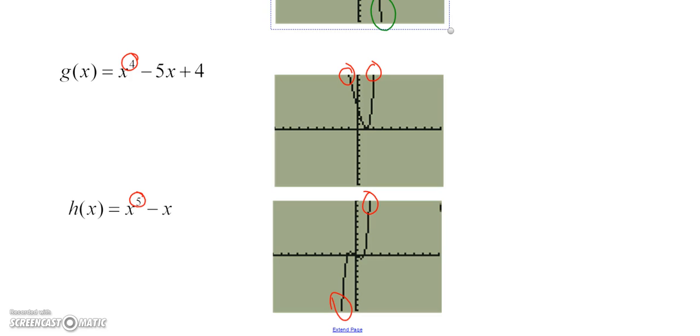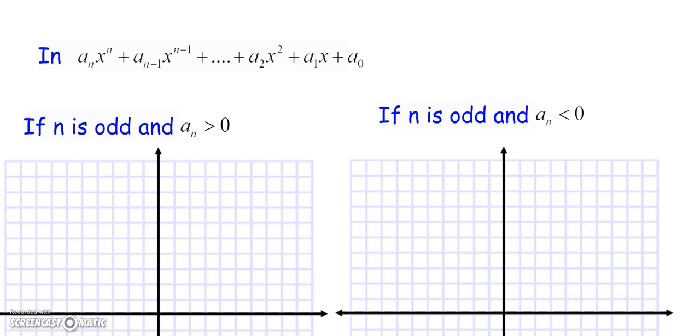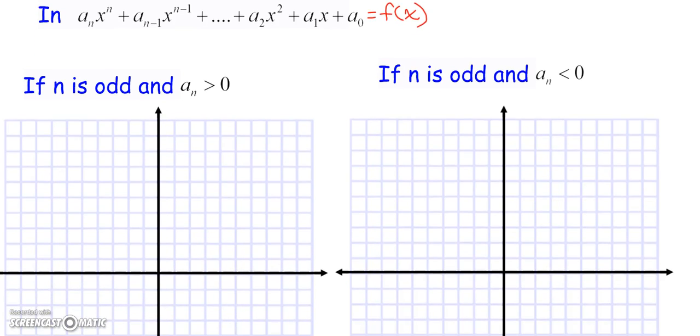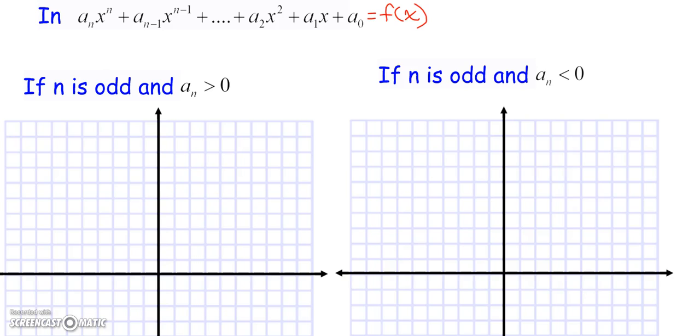I'm hoping that you have graphed some polynomial expressions and that you have seen some patterns, because on the next slide, if you were to make it an equation and graph it, then what I'm talking about is, if the degree n is odd and this number right here is bigger than 0, exactly what it reads, well then there's some guaranteed behavior.